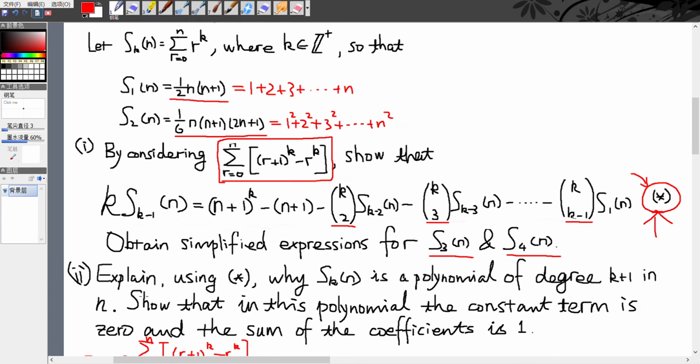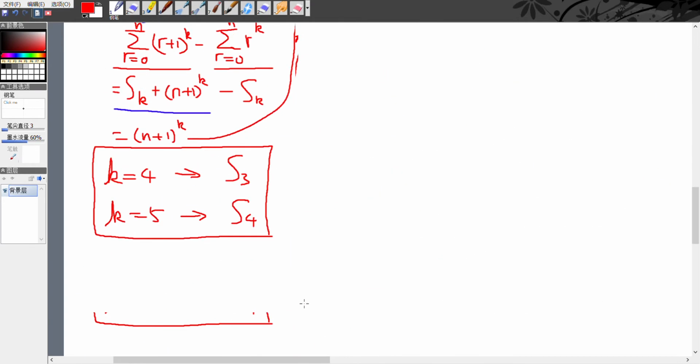Okay. The second question asks us to explain using this star right here. Oh, okay. Maybe before that, I will just give the result I have for S3 and S4.